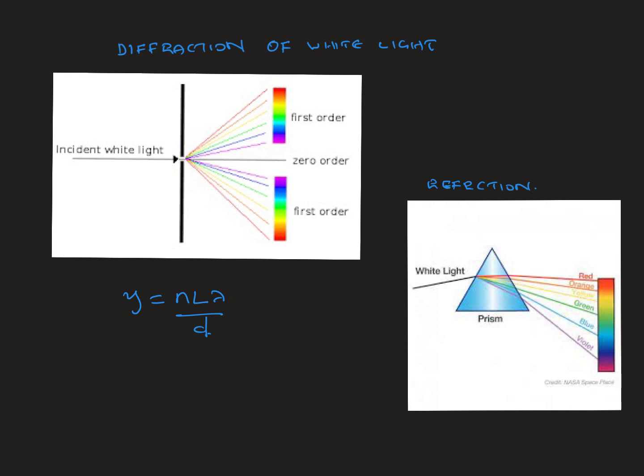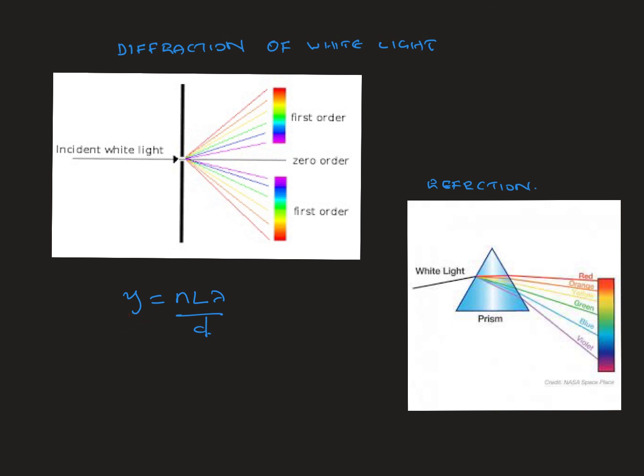The equation we derived previously for the double slit diffraction says that the amount of diffraction, that means the distance of the first order, second order max, and the distance between them, depends on lambda. If lambda increases, that increases. So red light obviously has a bigger wavelength compared to blue. So that means we have a bigger value for y.